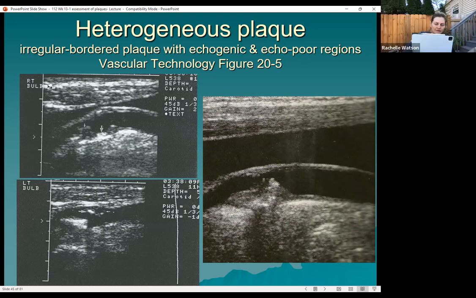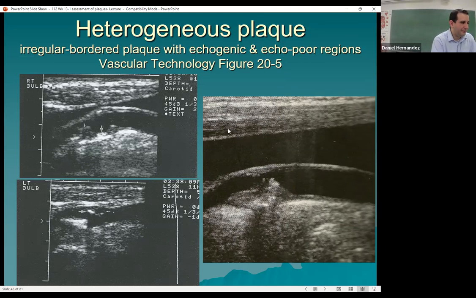Is that greater than 75%? This guy over here, yeah, probably would be. I mean, you're going from that down to that. Just eyeballing it, yeah, sure, it's definitely greater than 75%.